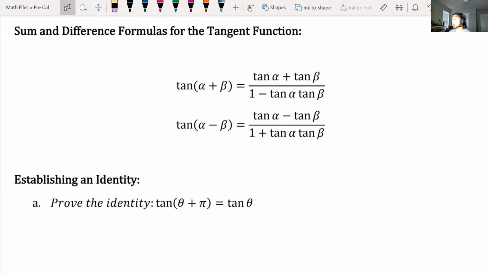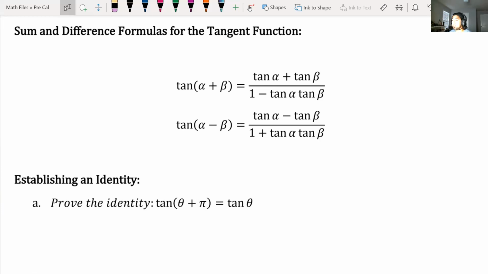All right. So now, of course, if we have sum and difference formulas for sine and cosine, we definitely have them for tangent. So here are the sum formulas and difference formulas for tangent. Tangent of alpha plus beta is tangent alpha plus tangent beta over 1 minus tangent alpha tangent beta. And tangent of alpha minus beta is tangent alpha minus tangent beta over 1 plus tangent alpha tangent beta.